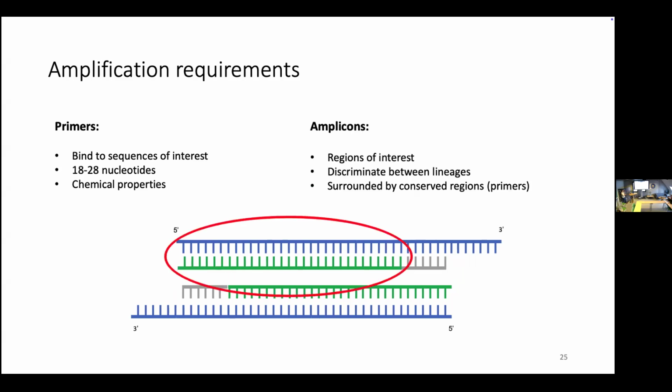And then for the amplicons, so that the part in between that we're actually interested in, these are the regions of interest, and we want to select them such that they allow us to distinguish between lineages. And again, to have these primers, the regions surrounding the amplicons must be conserved, otherwise our primers won't bind to all the genomes. So these are two important terms to memorize.